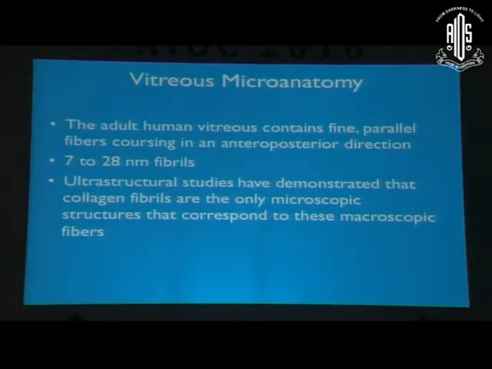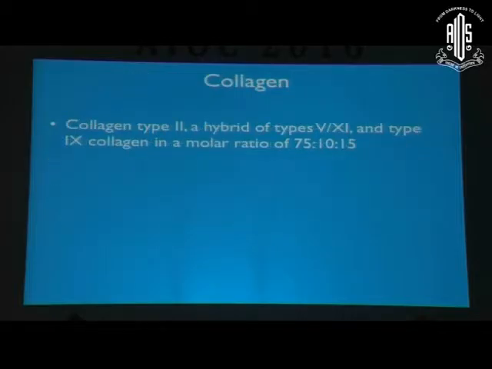The oxygen concentration behind the lens is very low in a normal eye because the vitreous gel does not allow the oxygen to diffuse. Even in older patients, when the vitreous starts liquefying and nuclear sclerosis is developing, it means the vitreous is becoming liquefied and is not able to trap the oxygen. That's why with age also nuclear sclerosis starts developing. So that's the function of the vitreous gel.